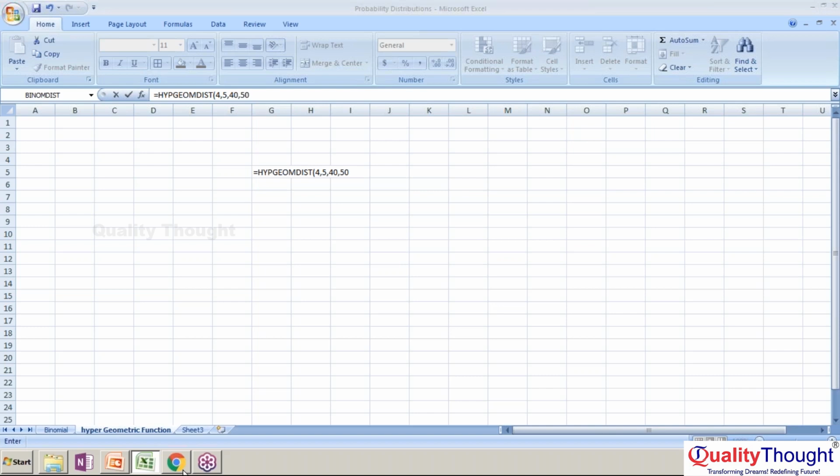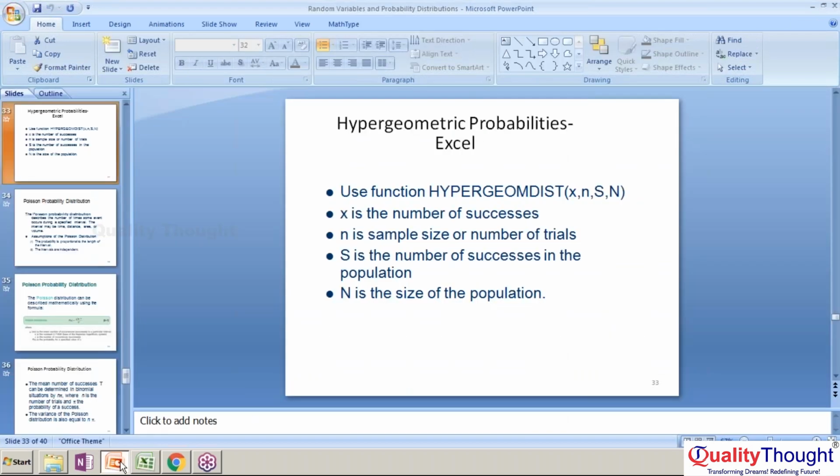S is number of successes. Population successes. And capital N is the size of the population, which is 50. And here we have one more.